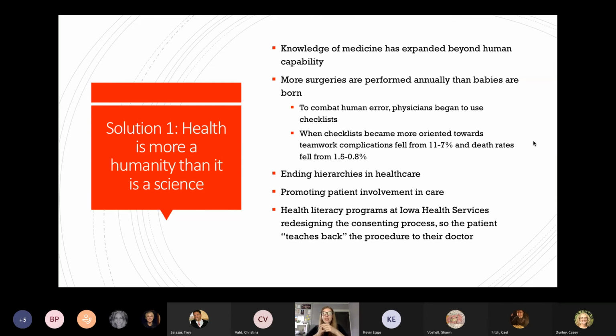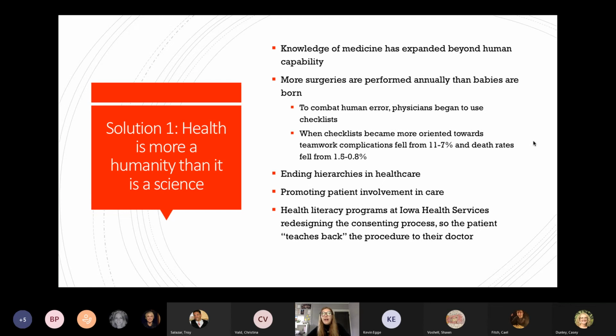And something that really shocked me and really resonated with me is that when you do something as simple as introducing yourself to the person next to you, complication rates fell from 11 to 7%, and death rates were cut in half from 1.5% to 0.8%. And I think that really just showcases the value of connecting with other human beings and working with the people around you for the benefit of your patient.